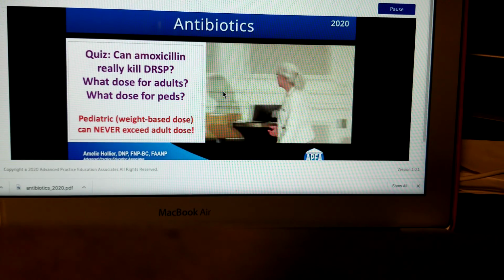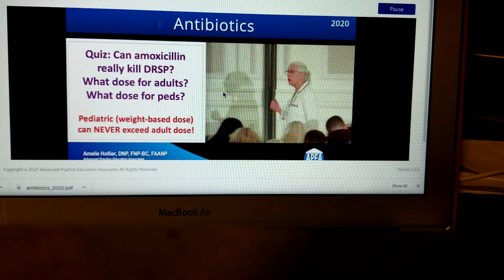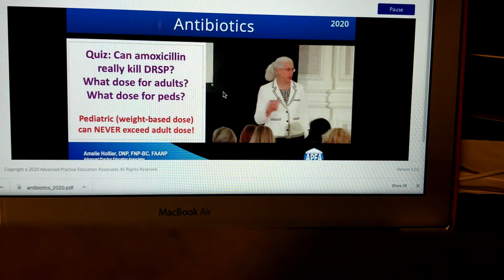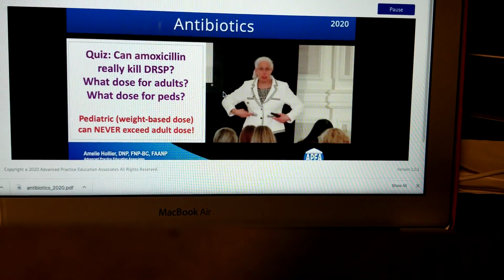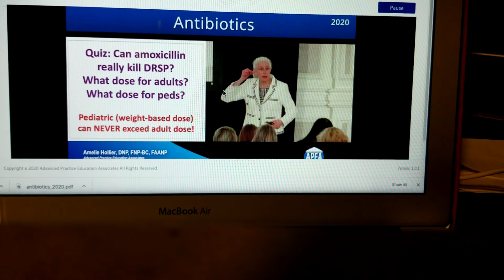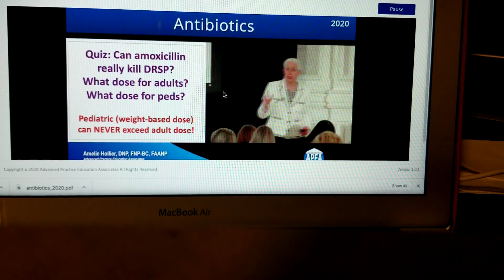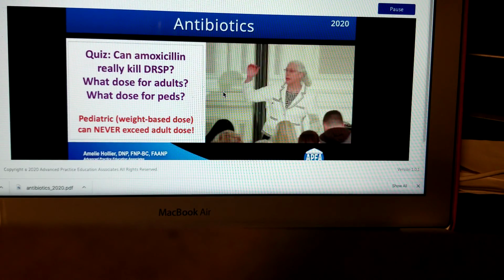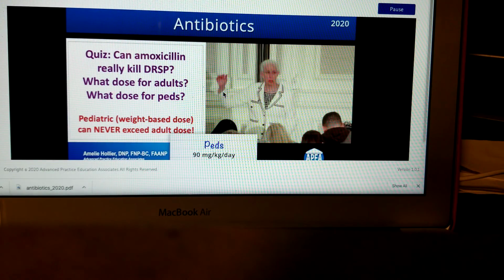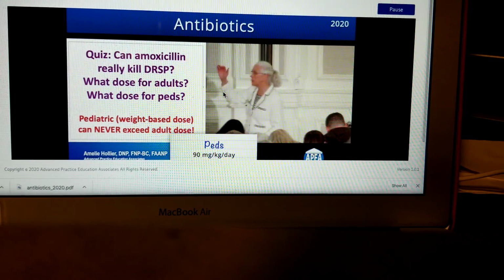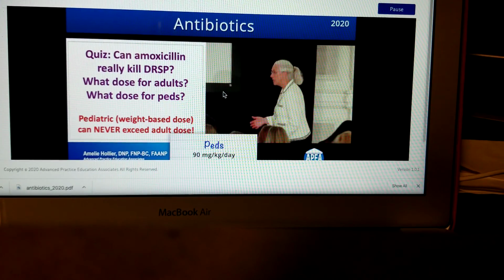So what about the dose we use for peds? Well, we use high-dose amoxicillin in kids too for 2 reasons. One is community-acquired pneumonia, and the other is otitis media. We use high-dose penicillin. In kids, we use 90 milligrams per kilogram per day in divided doses.